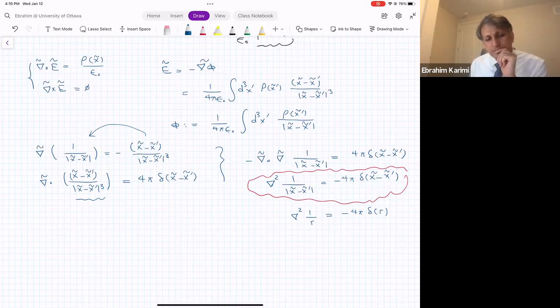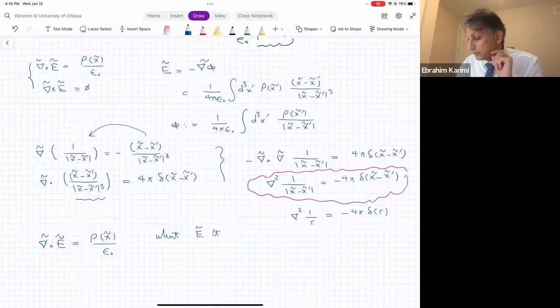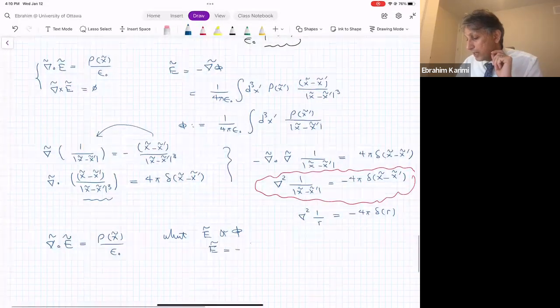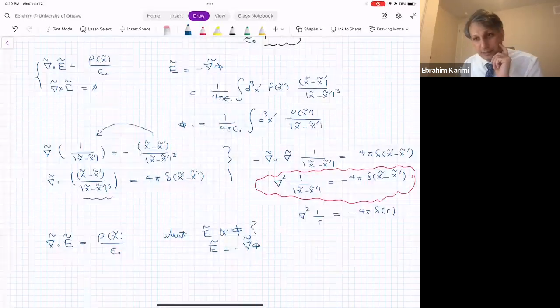Then I know from the above expression that the divergence of E is equal to rho divided by epsilon naught. What was the relation of E and phi? E was given by minus the gradient of phi in the case of electrostatics.